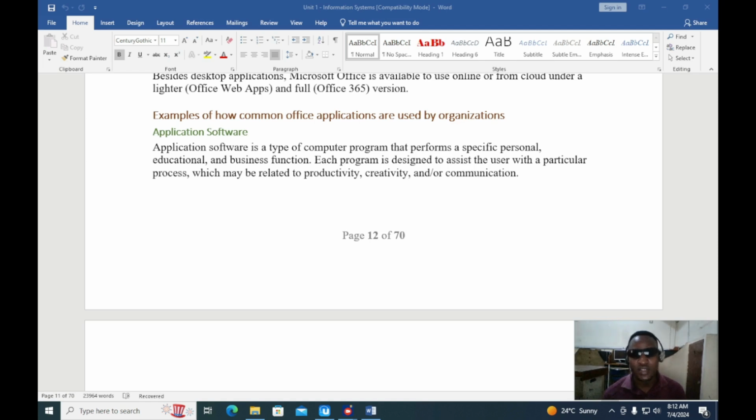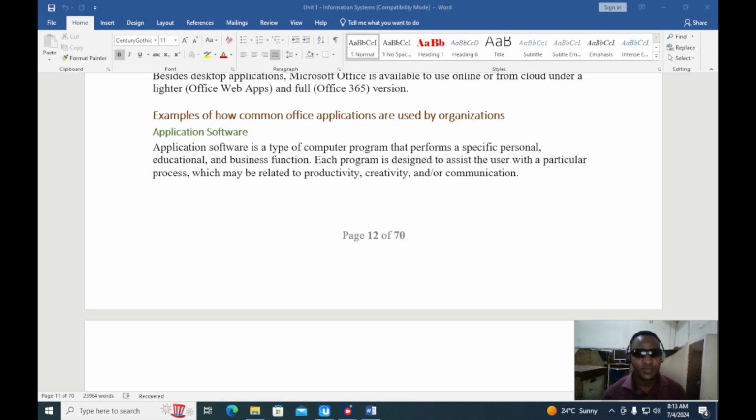It is not a general purpose software that can be used in various functions. Or rather, we have other application software that are able to do more than one function, but you realize that these applications are best in one specific function.